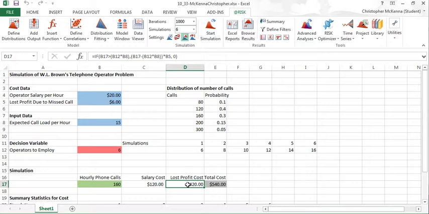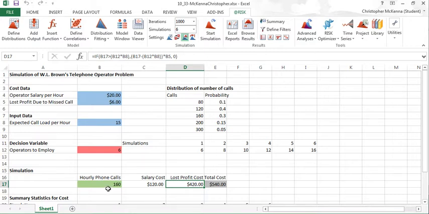So for this one I did an IF clause saying if our hourly phone calls, B17, is greater than the number of operators times the amount of calls that they can take during an hour, then we need to do this equation of subtracting number of operators times the number of calls they can receive from the hourly phone calls that come in.